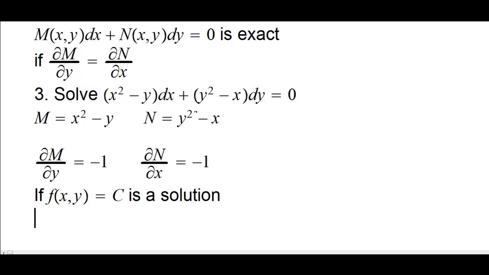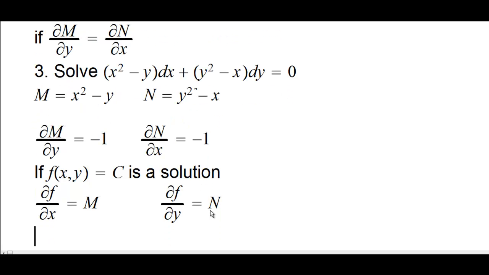Then what we know, we just saw that in the previous calculations, who is df over dx? Remember that? Who was that? M, right? And who was df over dy? Yes, sorry. df over dy equals N, right?